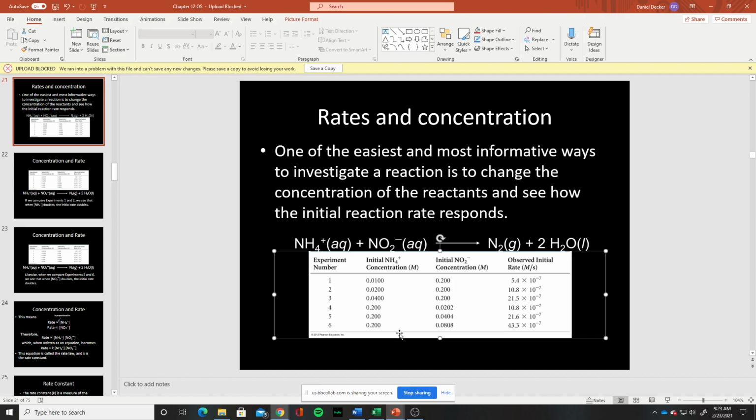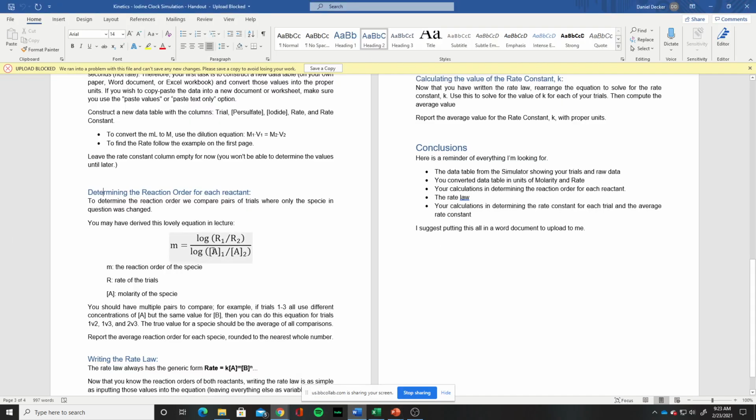Now, because the numbers here were so simple, it was easy to see that that's how it worked out. Our numbers are not going to be that way. Our numbers are not going to be 0.01, 0.02, 0.04. They're going to be more complicated than that. And so to do what we did here just in our heads, just by looking at it and saying, oh, doubled and doubled, we need an equation for that, and that's what this equation is.